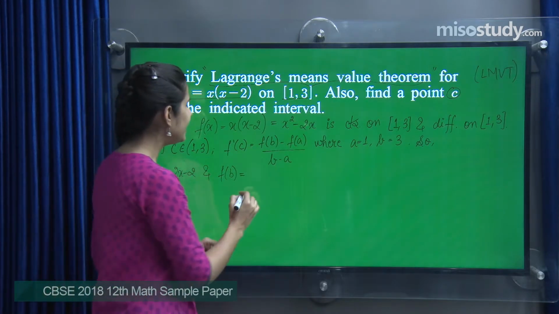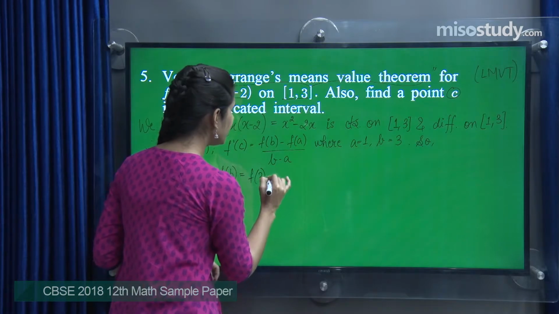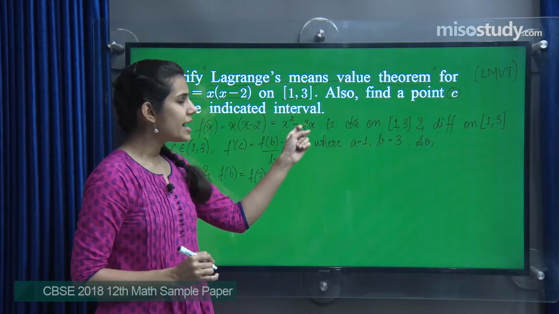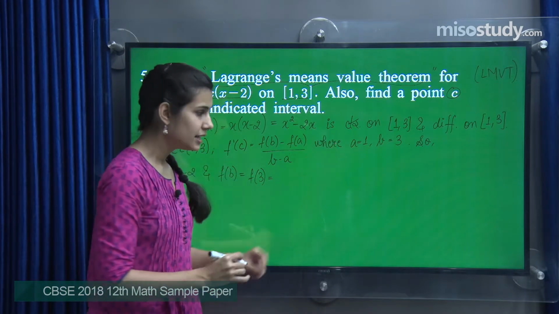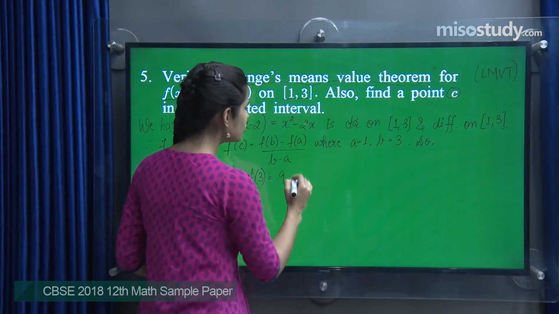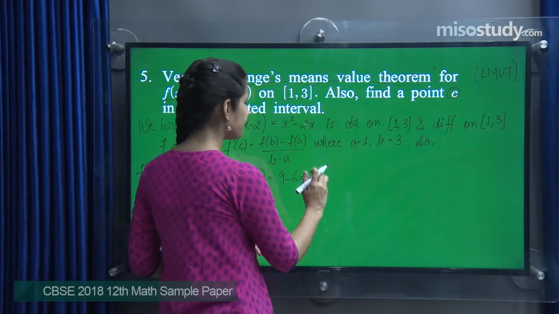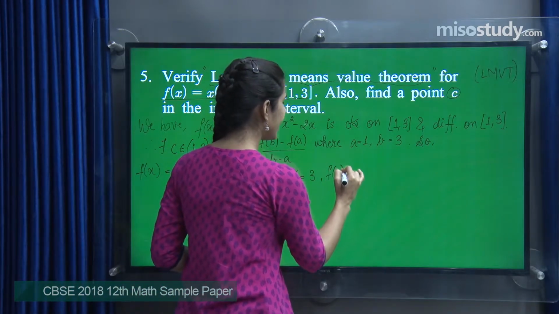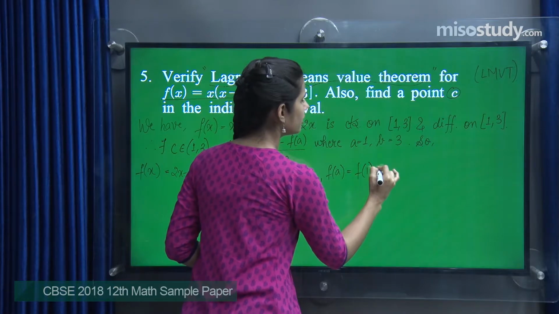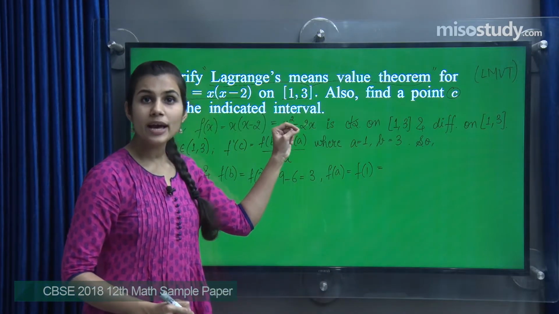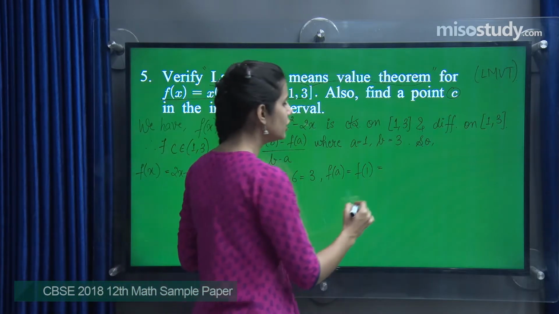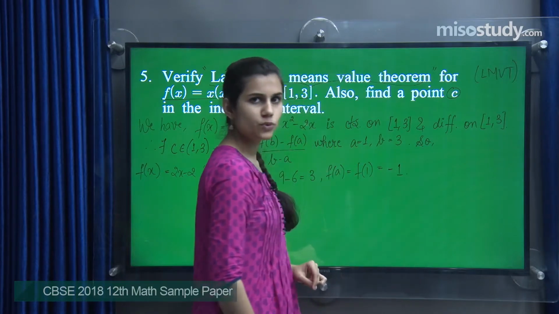So f of b, which is nothing but f of 3, is 3 square minus 2 into 3. 3 square is 9, minus 2 into 3 is 6, so this delivers you with a 3. And what is f of a, which is f of 1? F of 1 is 1 square minus 2 into 1, which is minus 1.